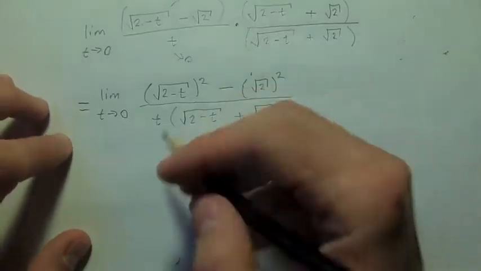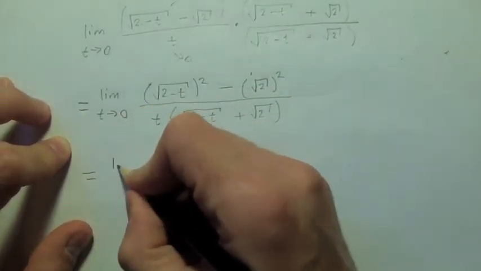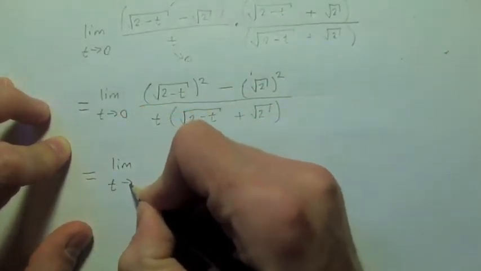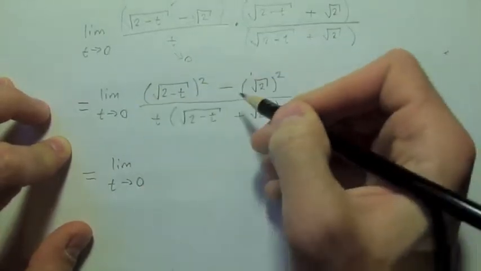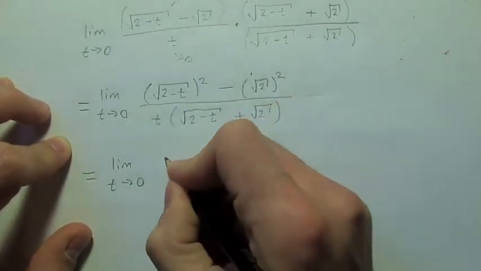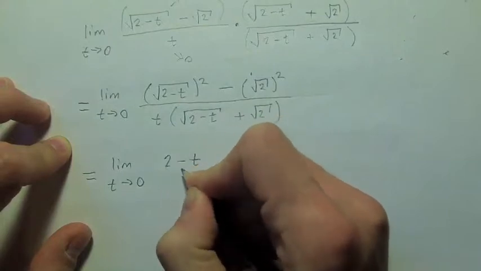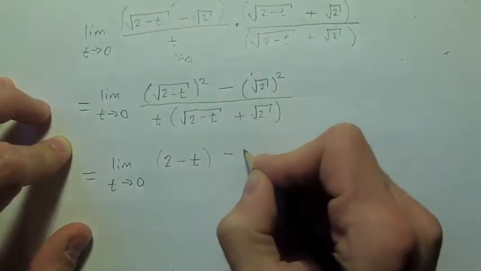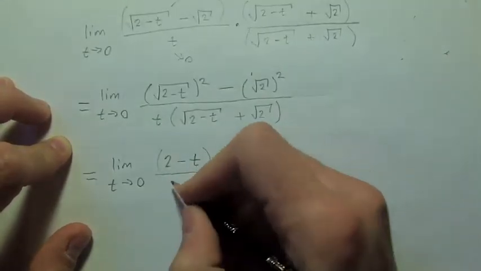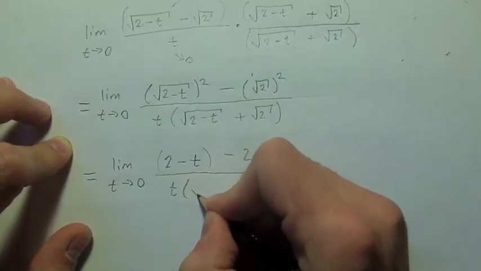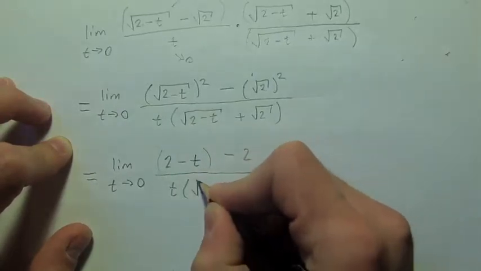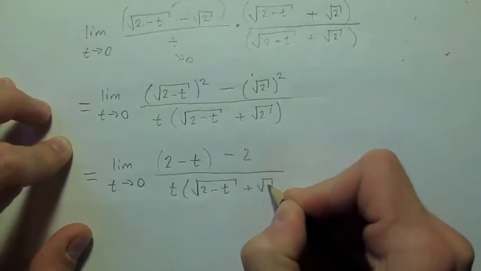Okay. And moving on, just rewriting this, simplifying it. These square roots are going to disappear, so it ends up being a lot easier than we suspected. So it's just 2 minus t here minus 2 all over t times the square root of 2 minus t plus the square root of 2.